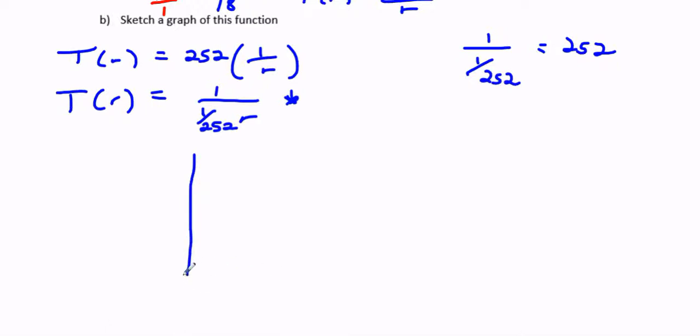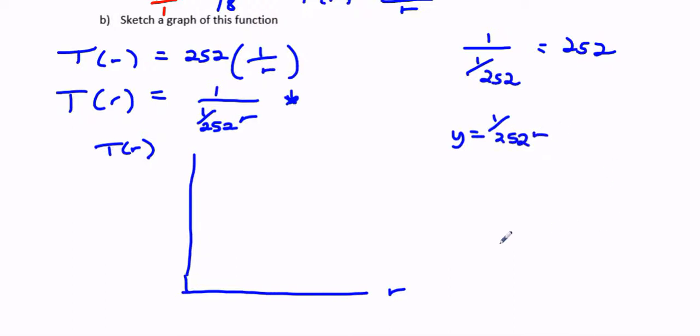Now I know that rate of flow and time have to be positive, so I'm really only concentrating on the positive quadrant here. And if I'm graphing y equals 1 over 252r, then what am I doing? This is the slope of the line, so I would go up 1 and over 252 if I really wanted to do that, right? Okay, so I'm just making a rough sketch here.